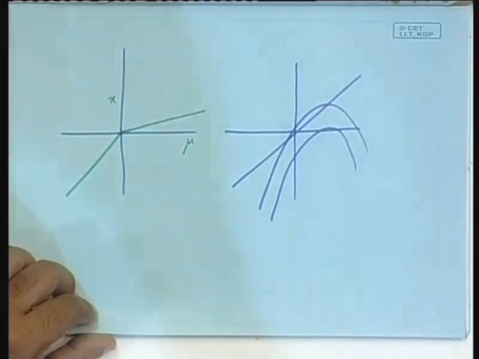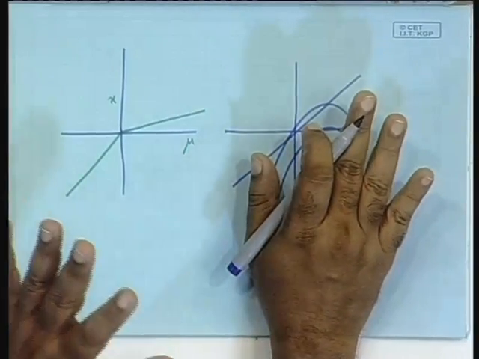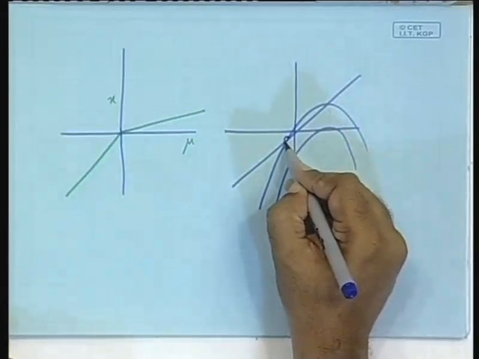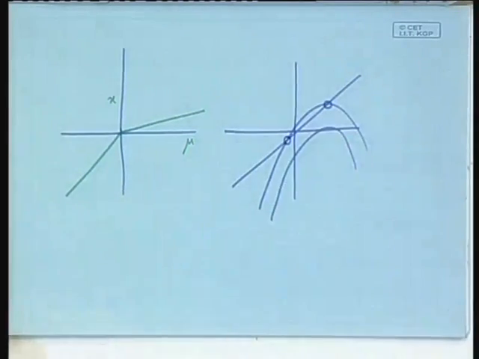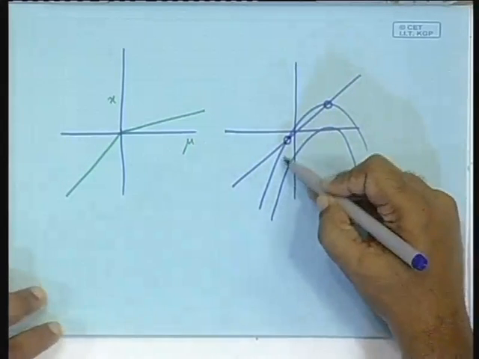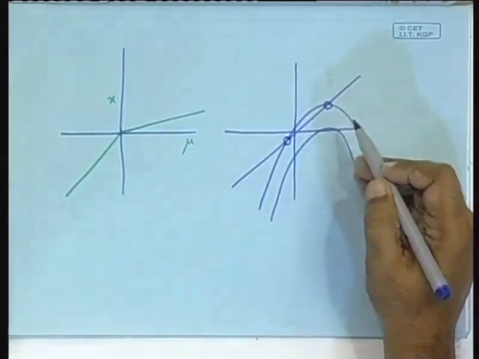Okay. But the only difference is, as you have already noted while we were talking about the one dimensional system, that in a smooth map one is unstable, the other must be stable. One fixed point is unstable, the other fixed point must be stable, because it is a smooth line, you cannot avoid it.